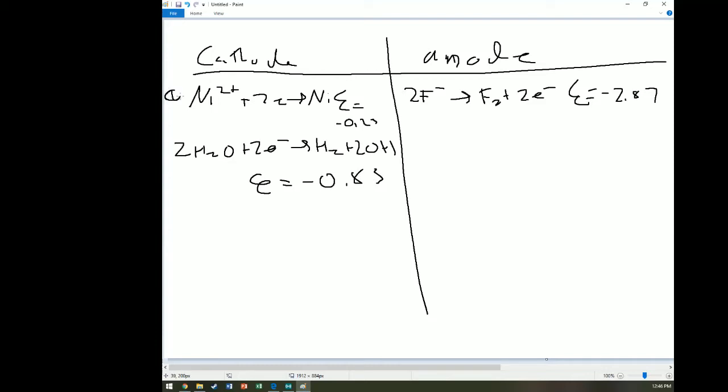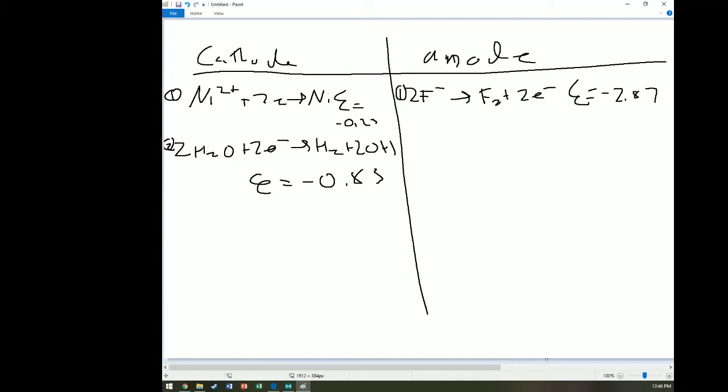Maybe I should list these to make it a little bit more clear what I'm doing. That should be a 1 in there. Then I look for other reactions that could happen at the cathode with respect to water.